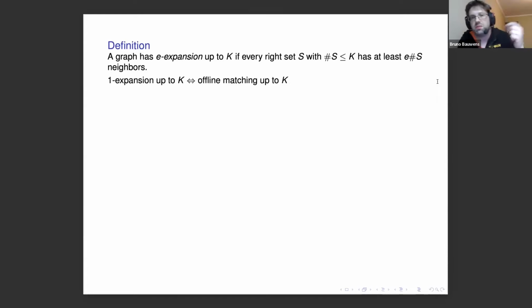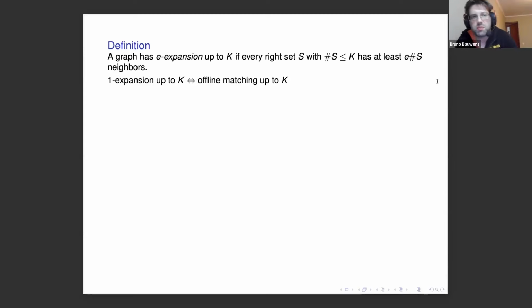Hall's theorem assumes 1 expansion, and we need a stronger assumption for our theorem to get dynamic matching. So we need expansion close to the degree. So we need big expansion. And secondly, we will consider a weaker version of the matching game, where a left node can go to 2 different nodes.